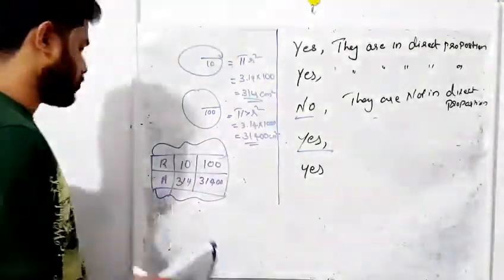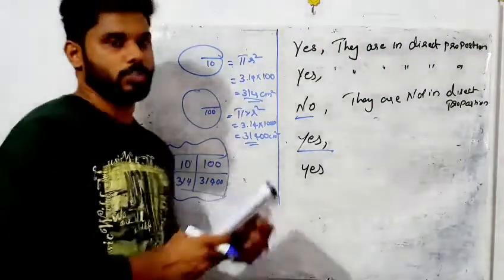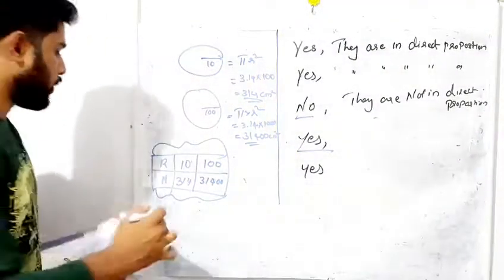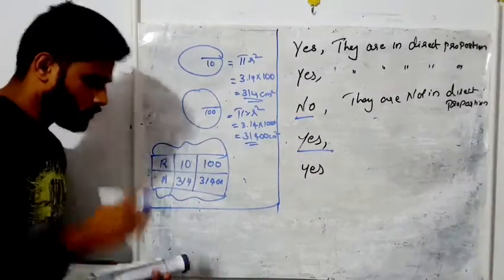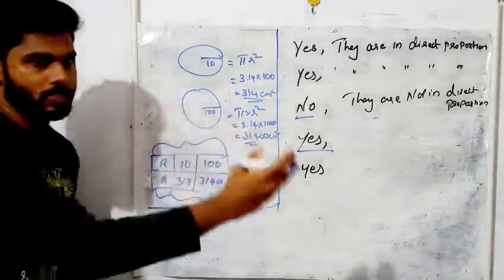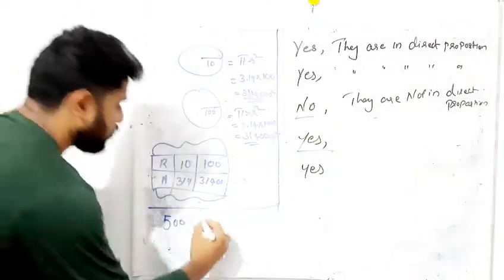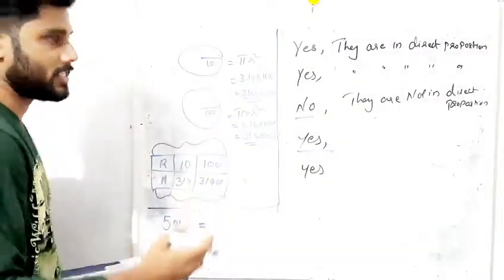Clear? Now, next one. The last one is principal and simple interest. Just imagine we borrowed 500 rupees from one person, and 10% is the interest.